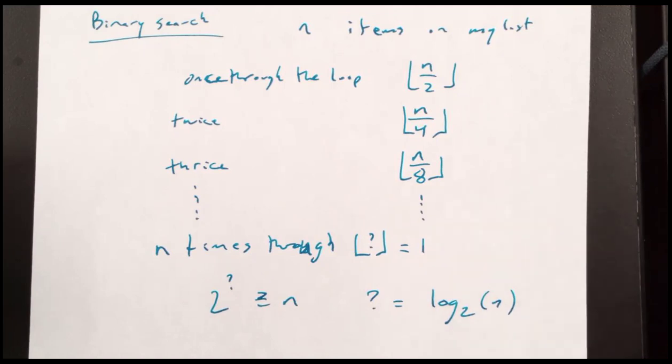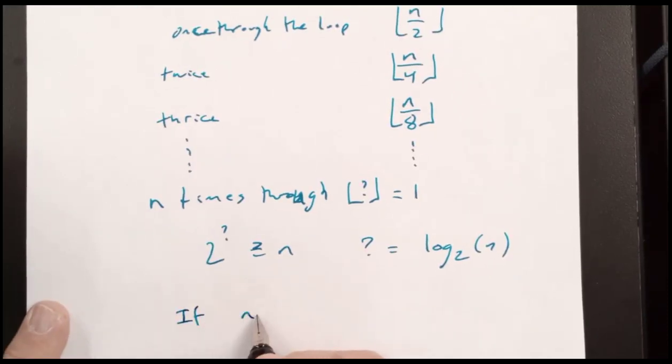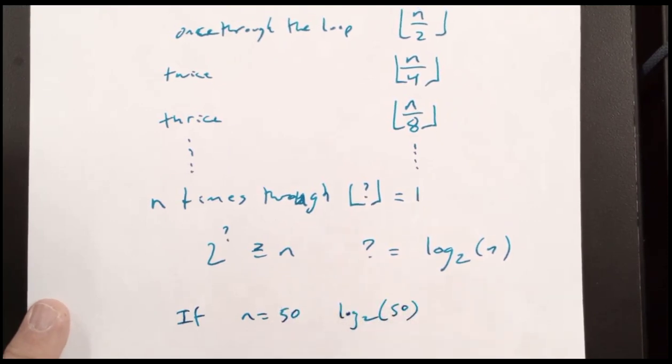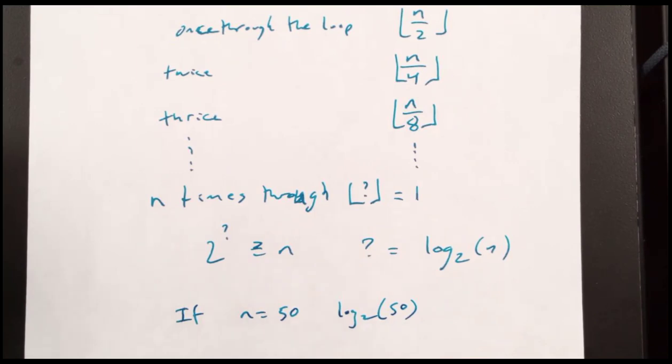Grab your calculators. Now I'm going to need you to answer me a question as to how I do this on the calculator. Suppose I have 50 items in my list. How do I get the log base 2 of 50? There are at least 2 different ways to do this on your calculator.